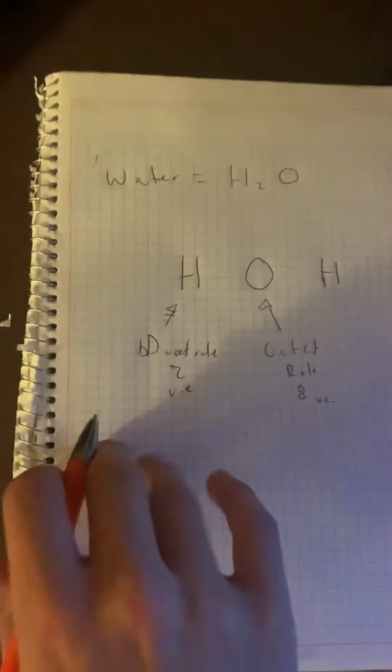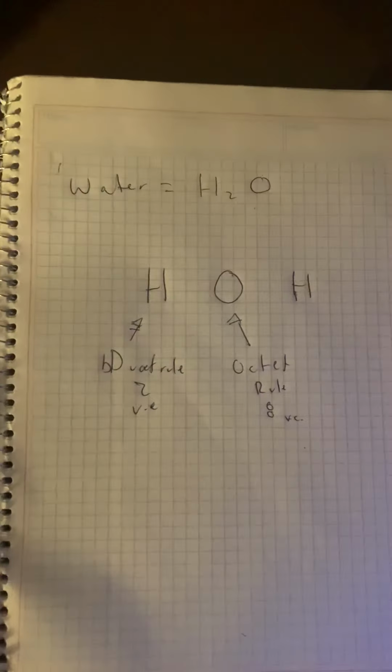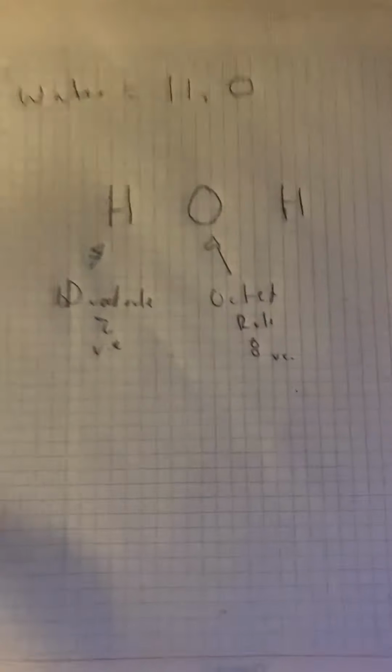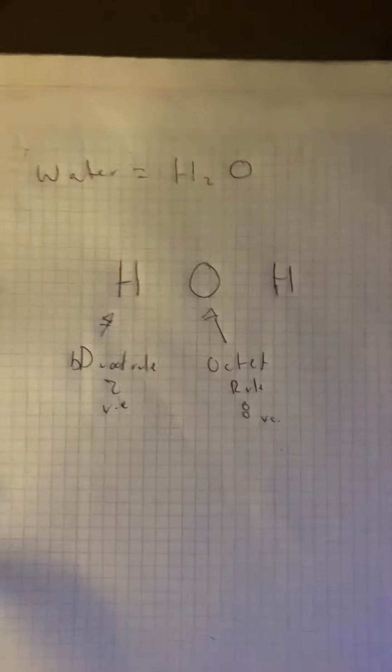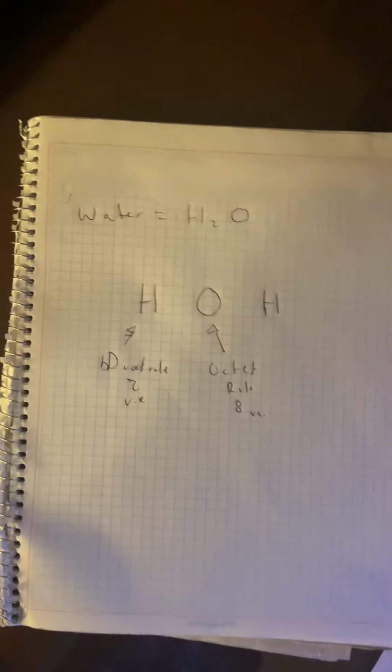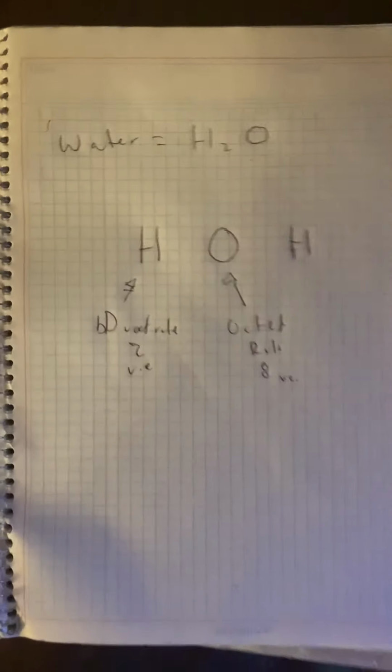So now, what I like to do is first look at how many valence electrons each element has. We can see this with a periodic table, or we can just look it up on the internet.